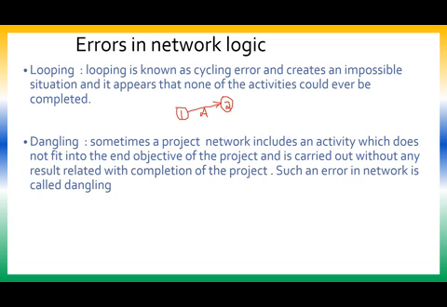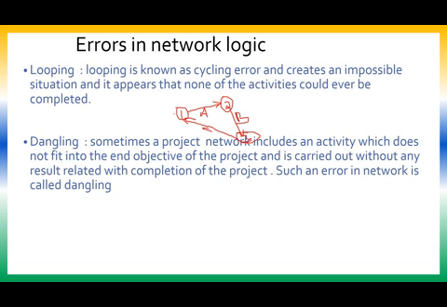So event 2 is giving rise to an activity called B, which terminates at an event 3. And this 3 gives rise to an activity C, which terminates at 1.